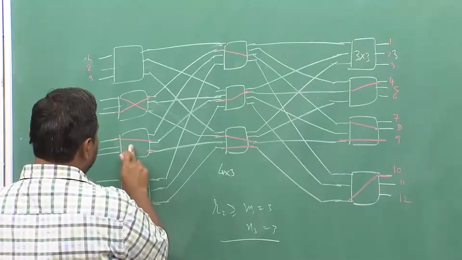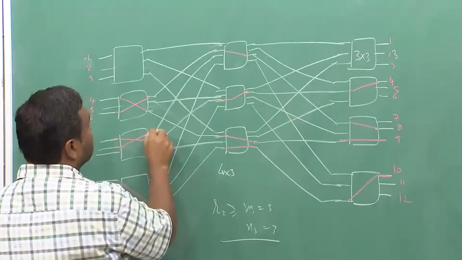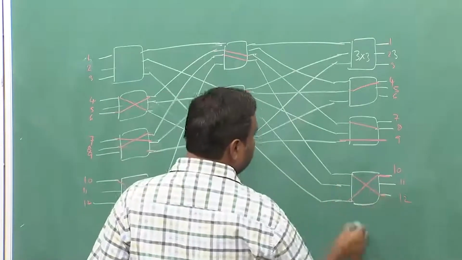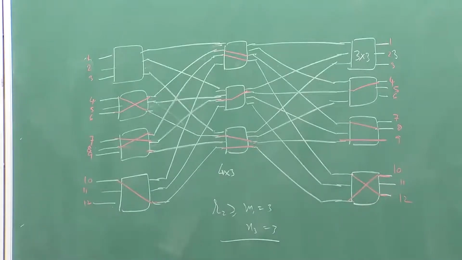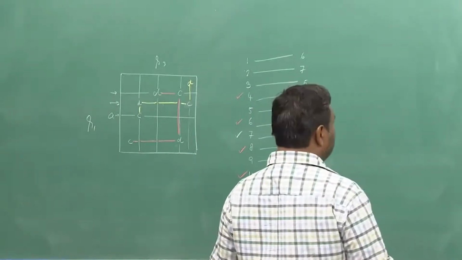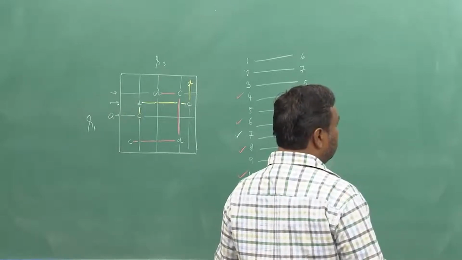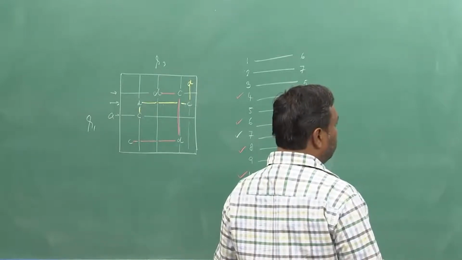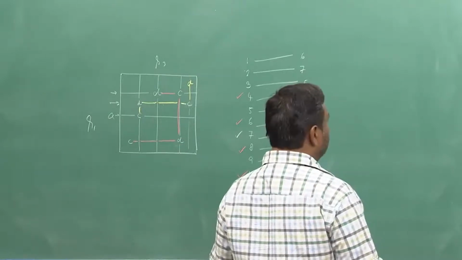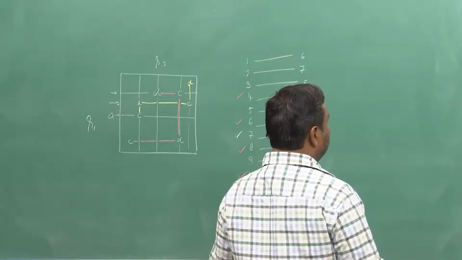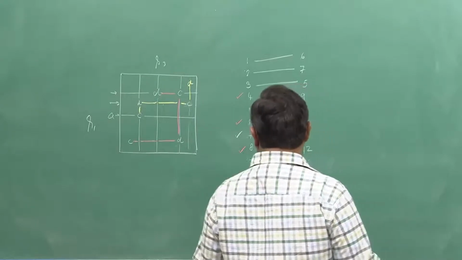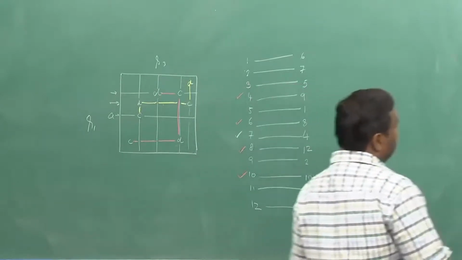Oh, through this route I cannot do it, I will do it through this route. 3 to 5.